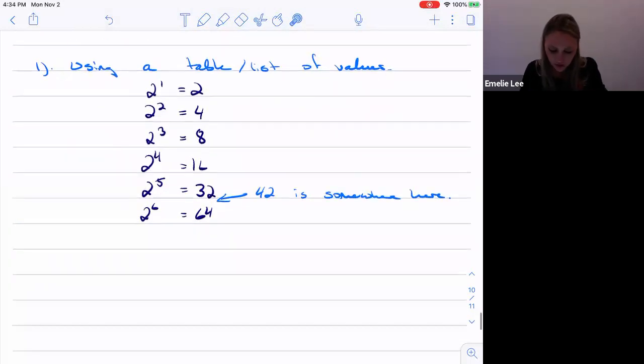So we're going to start with 2 to the power of 5. What I'm going to do essentially is take out a group of 32 from 42, and then I'm going to keep lobbing these things off.